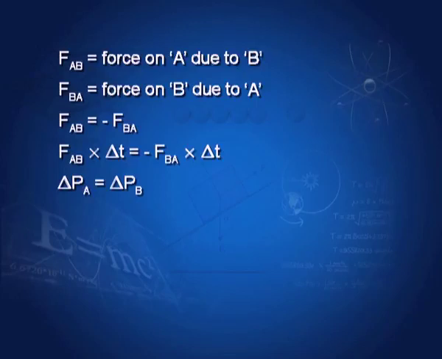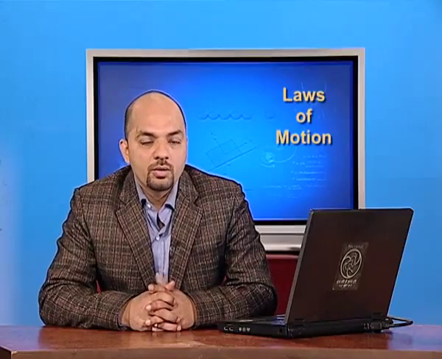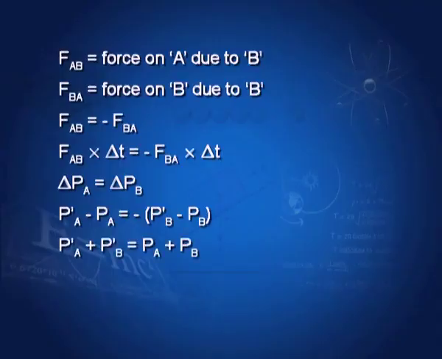Substituting these values, we get delta PA equals minus delta PB. P dash A minus PA equals minus (P dash B minus PB). Opening the bracket on the right hand side and transposing, we get P dash A plus P dash B equals PA plus PB.